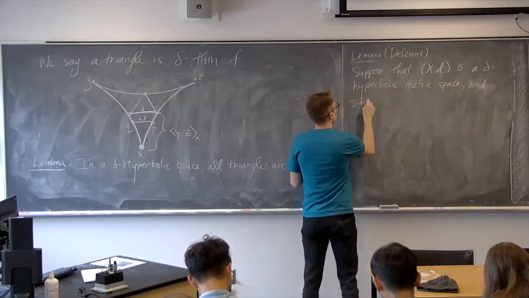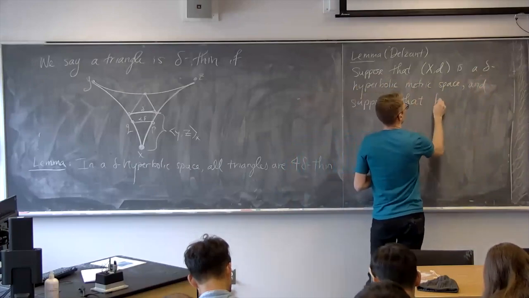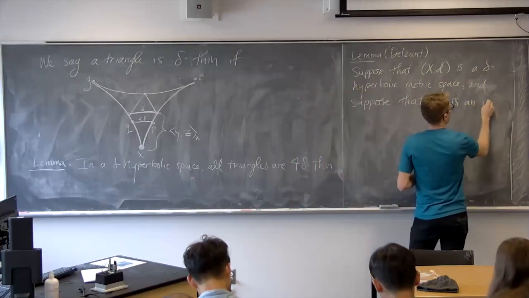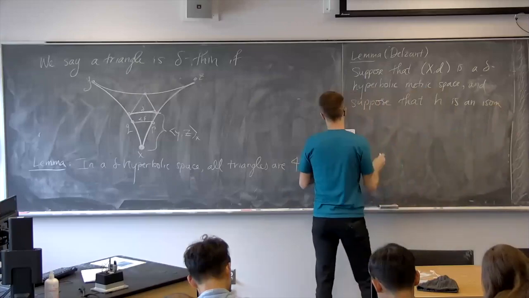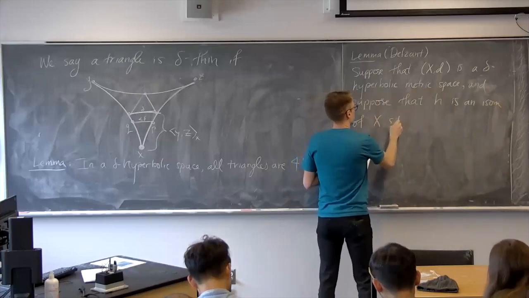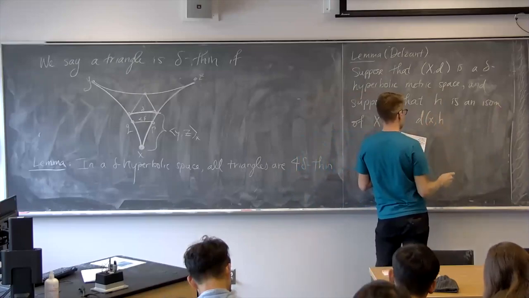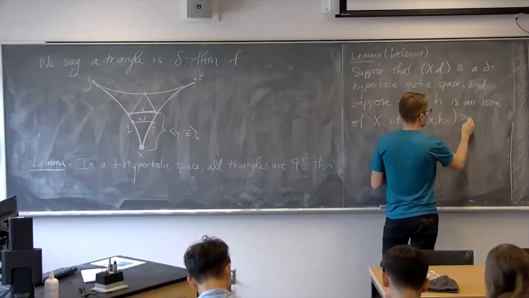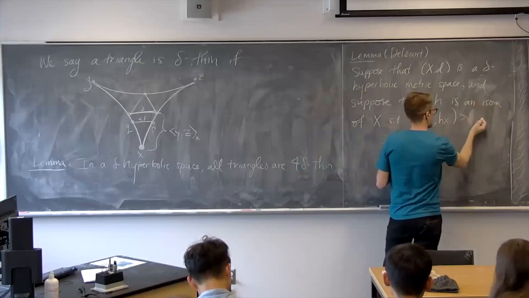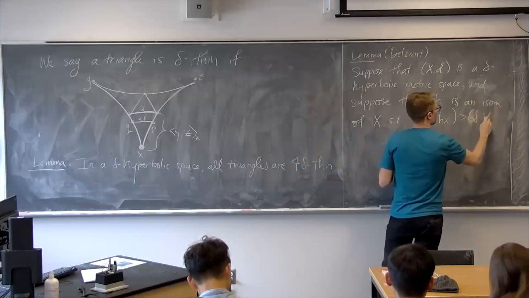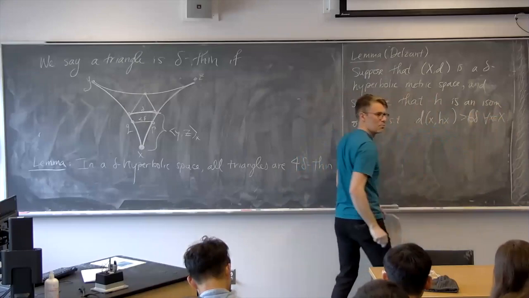And suppose that h is an isometry of X such that the distance from x to hx is bigger than 6 delta for all x in X. So, you know, it moves things far.